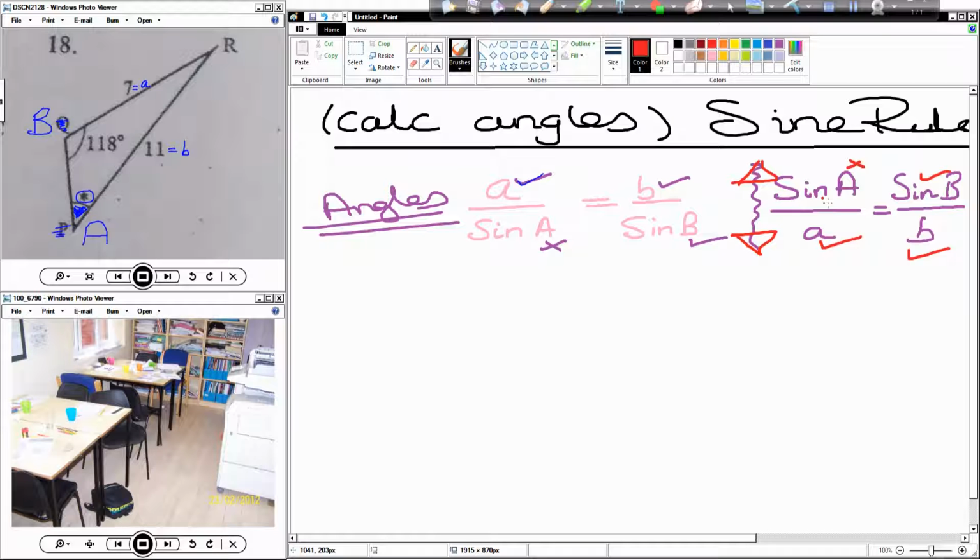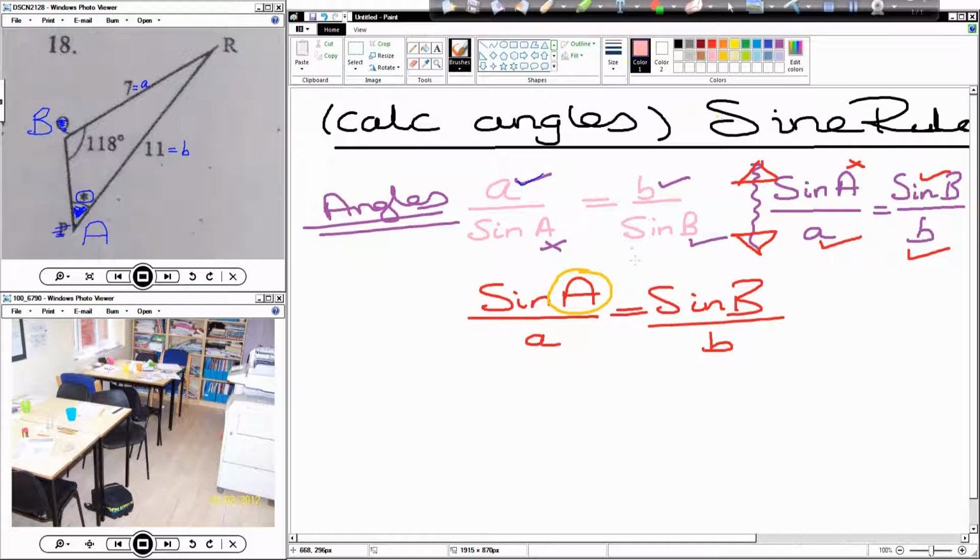Now, let's work out the A value. I'm just going to rewrite over here to make it a bit clearer, because I need to do some manipulation on it. We want to work out this.